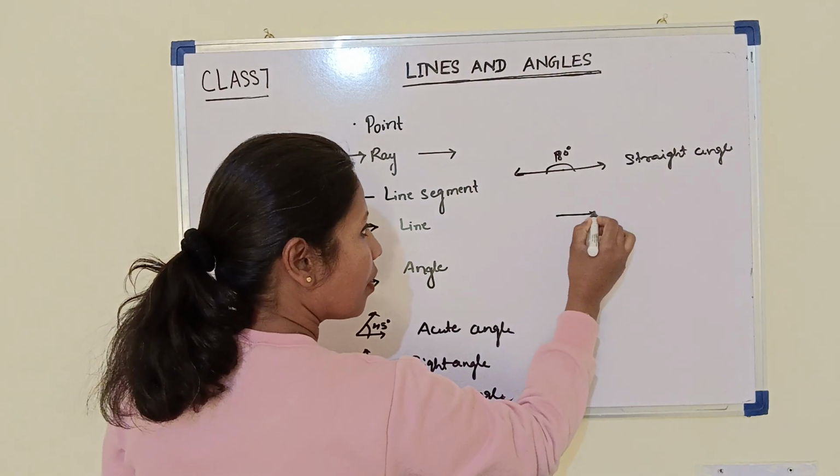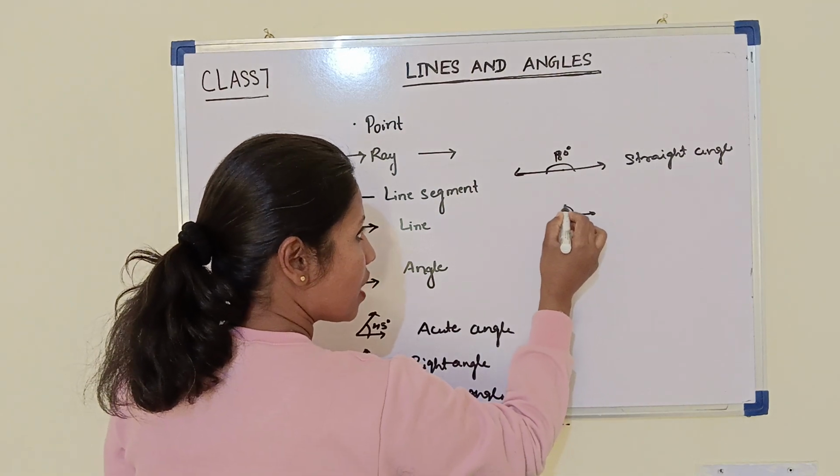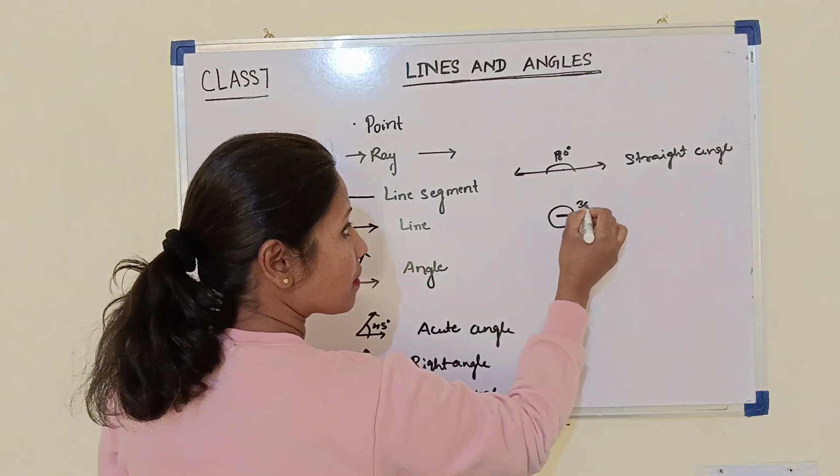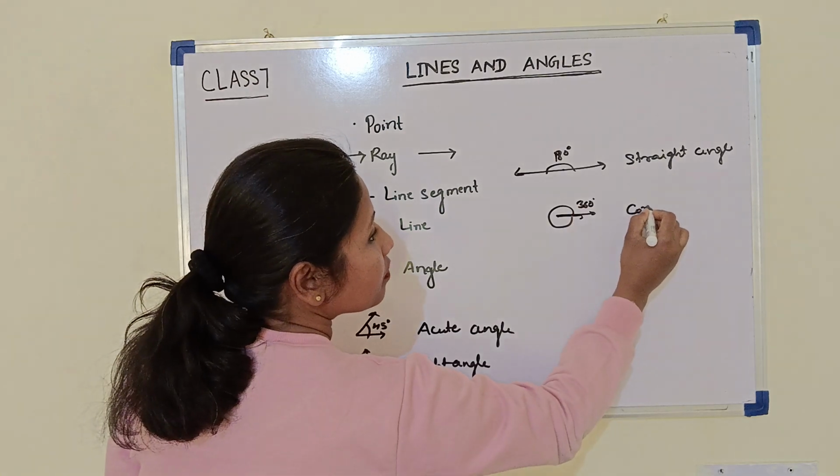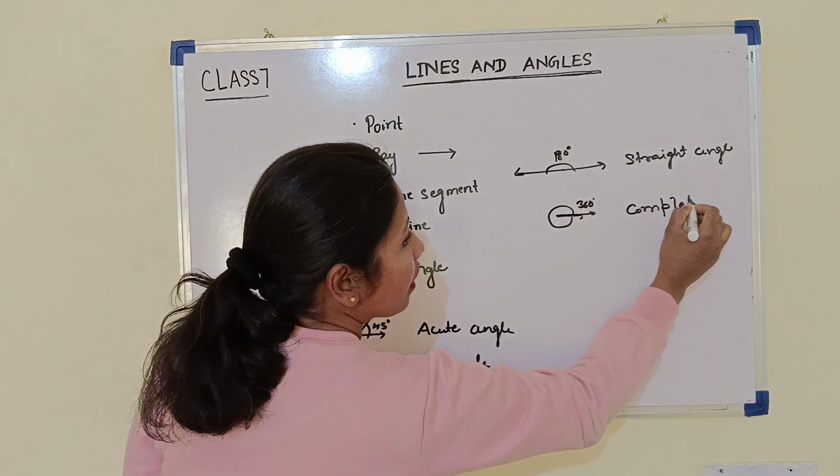Then complete angle, जो यहाँ से यहाँ पूरा 360 डिग्री का होता है, complete angle.